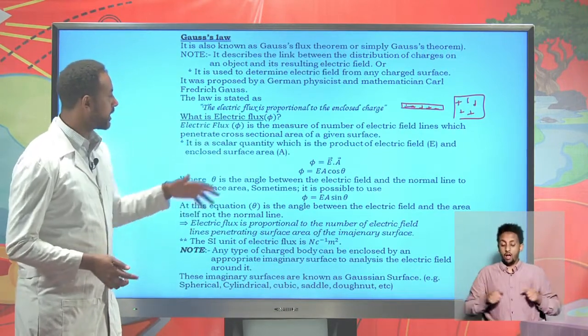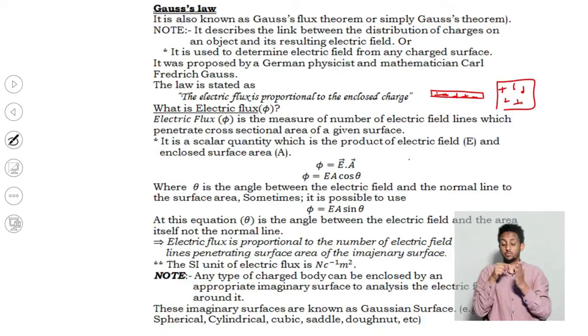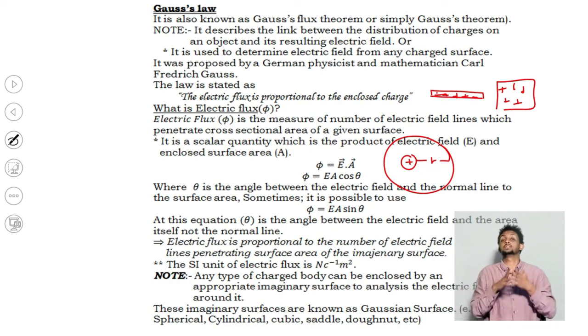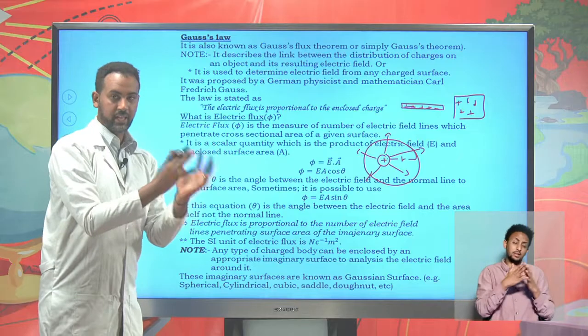For example, if you have a point charge, at a distance r from this point charge you can have a spherical surface area. These electric field lines radiate out from the positive charge and penetrate the imaginary surface.